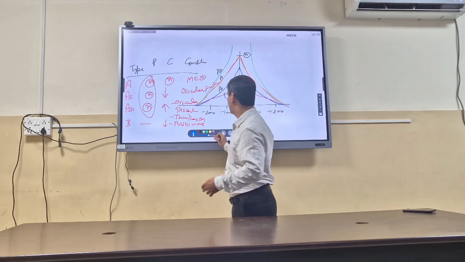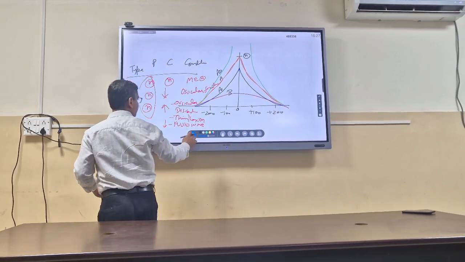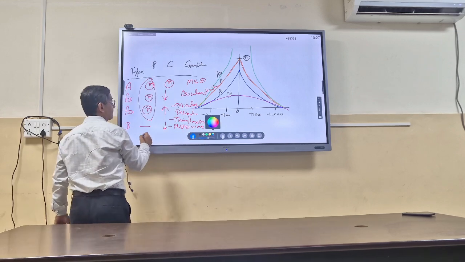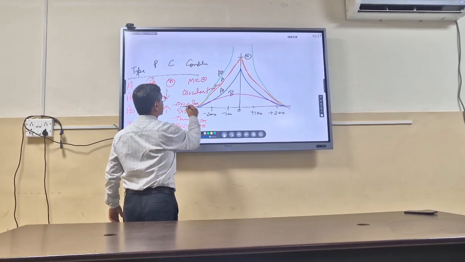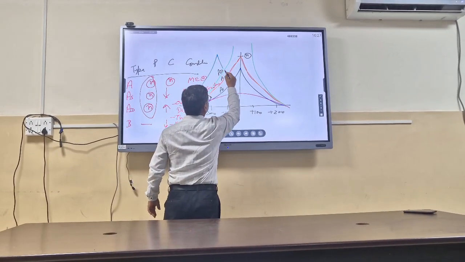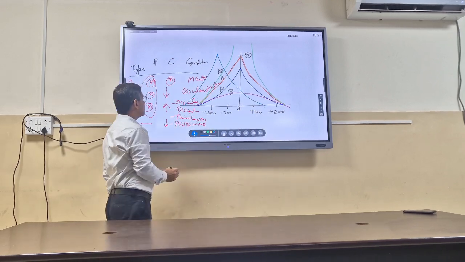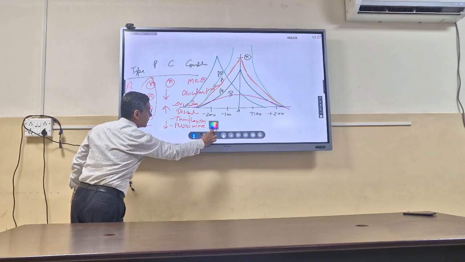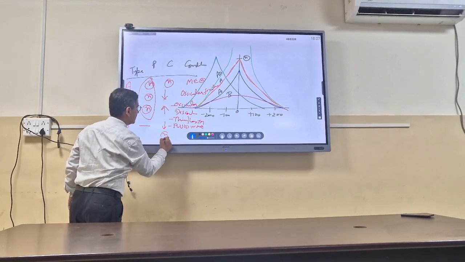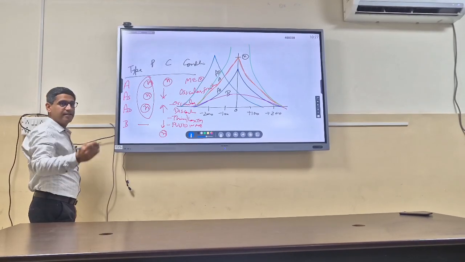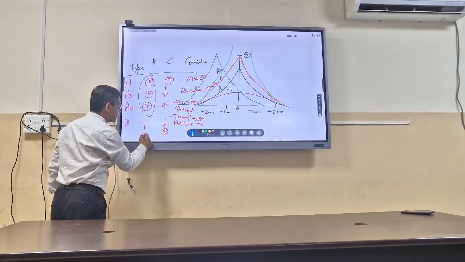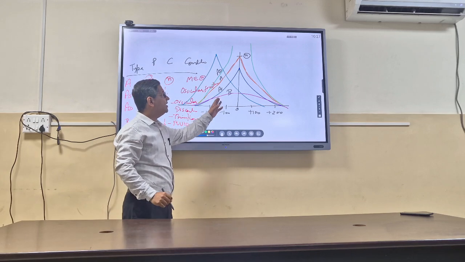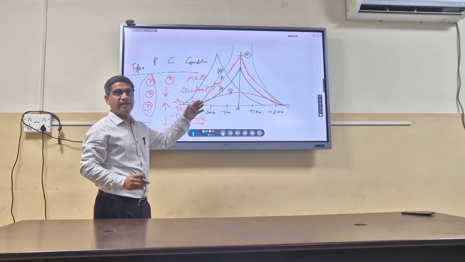Got it? Now finally we have a graph which is called C type, which looks something like this. Here what is normal? Compliance is normal. What about pressure? Negative pressure. It means that the middle ear pressure needs to be decreased to get the normal compliance.